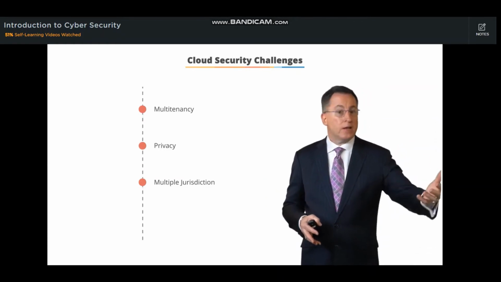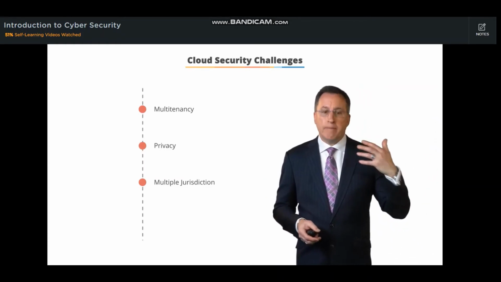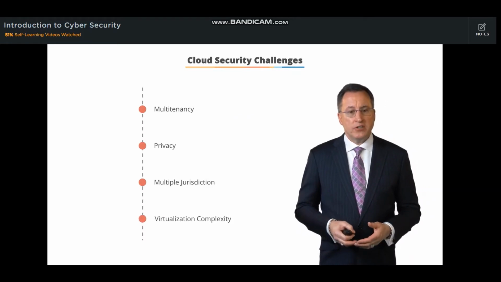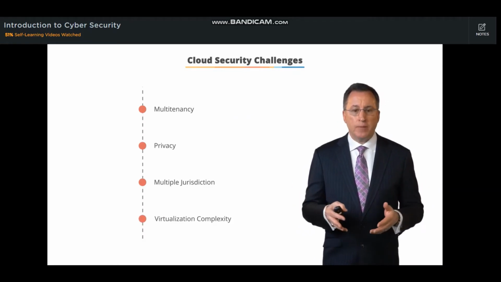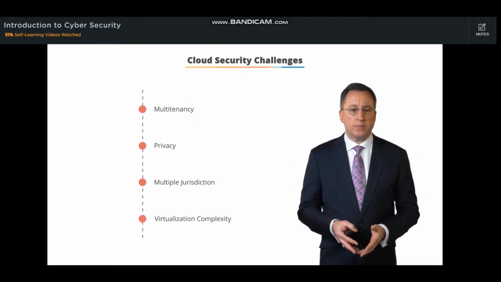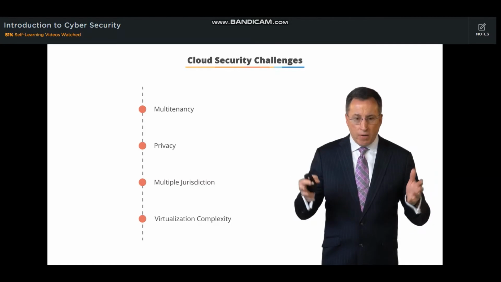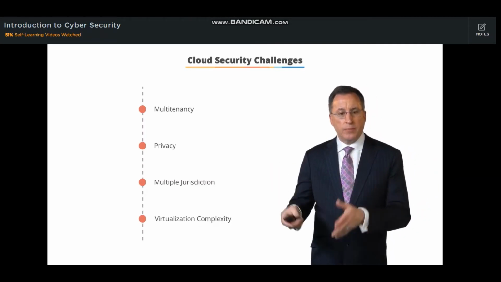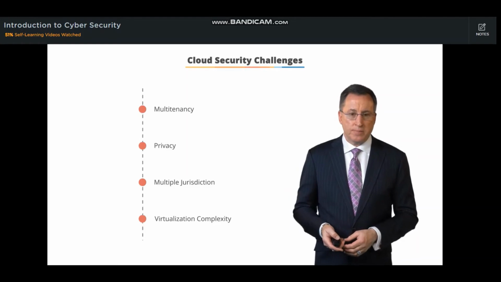Depending on where that data goes and resides, it may have a jurisdiction issue. Virtualization has its own fair share of problems, such as the complexity of troubleshooting applications and system performance, and it also provides low visibility into business transaction flow, which could lead to disruption of key business processes.